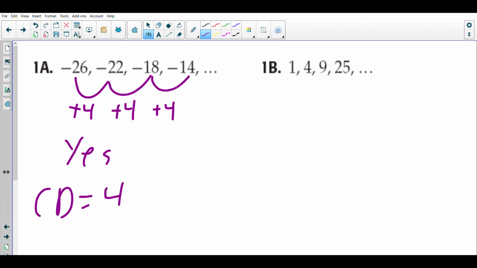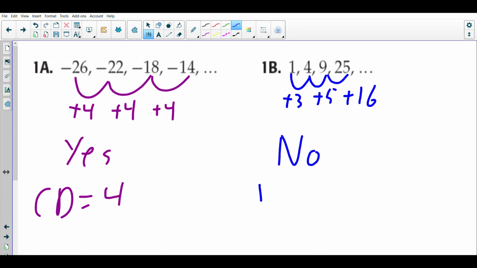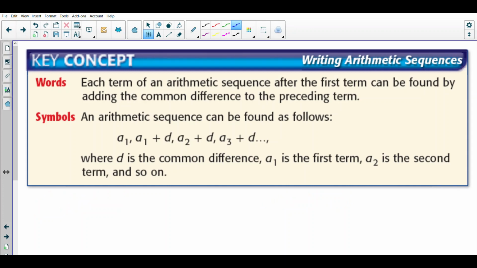The next one, we have plus 3, plus 5, plus 16. It doesn't look like a common difference there, so no, because there is no common difference. So there we go.